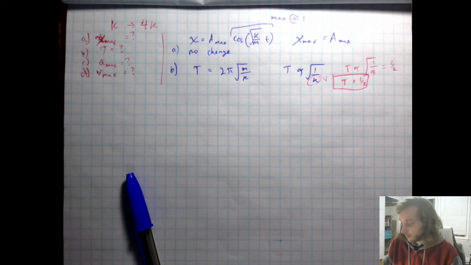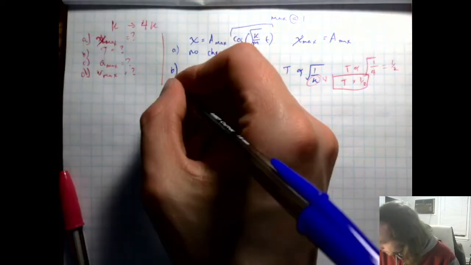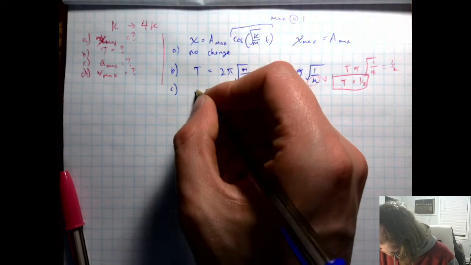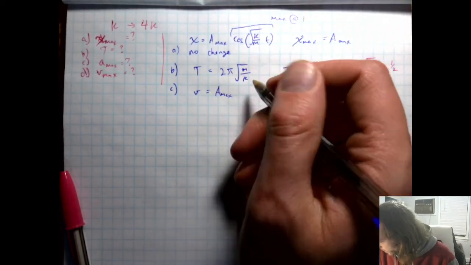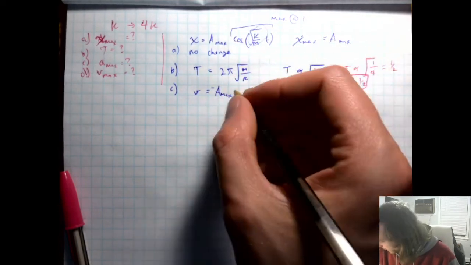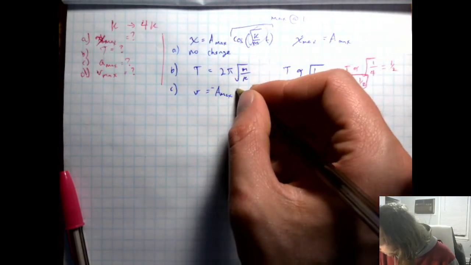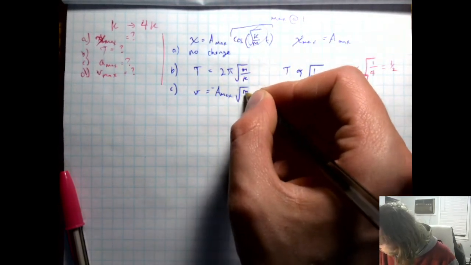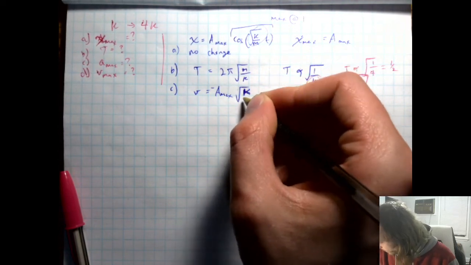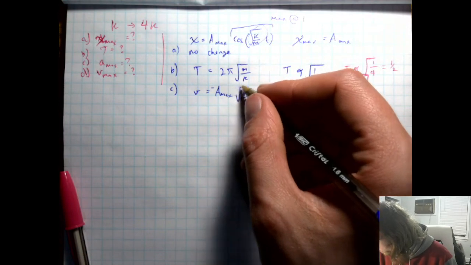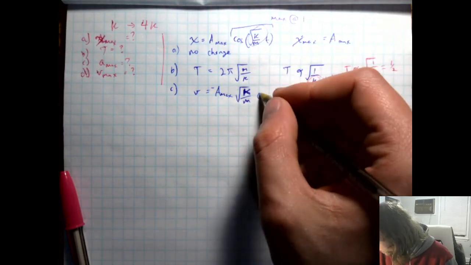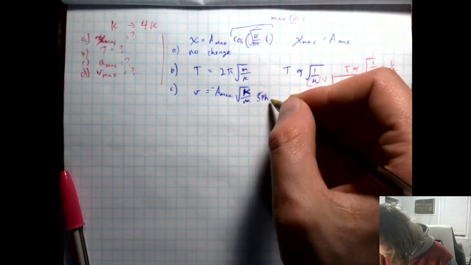Great. Now for C. For C, we're using our velocity equation. Our velocity is equal to our maximum acceleration, derivative of this one, so negative, times root mk over m. Keeping track of which side has the m on top and which side has the k on top can be a big old pain. You do still have to do it though.